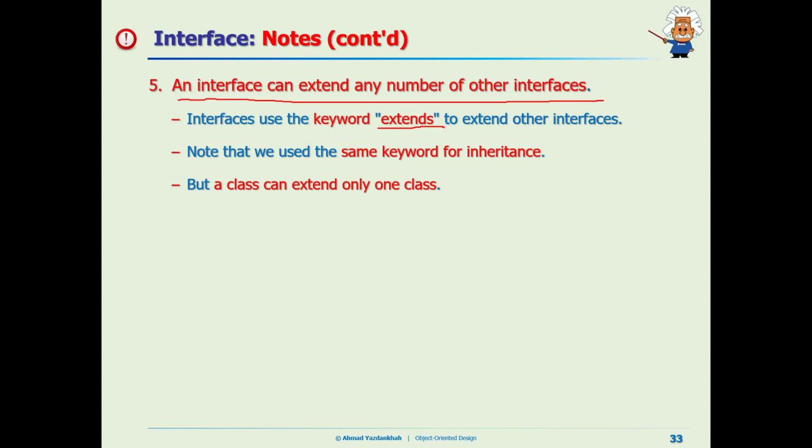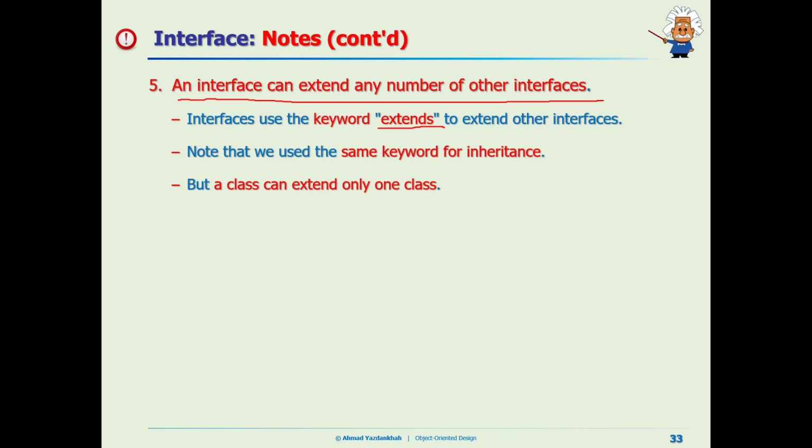But the difference between interfaces that extend other interfaces and classes that extend other classes is that classes can extend just one class. But interfaces can extend as many as required. That's a very important difference.